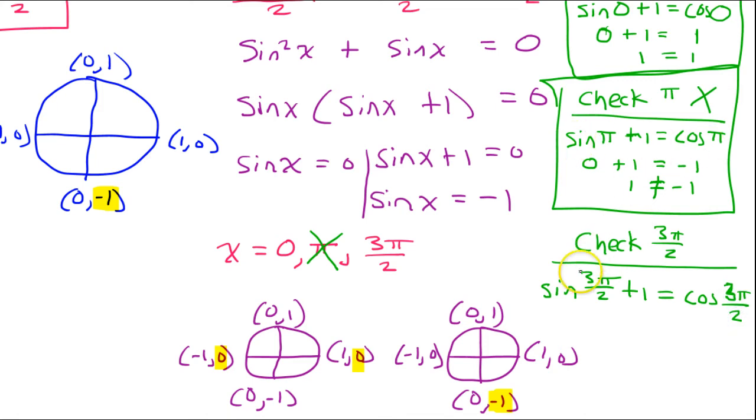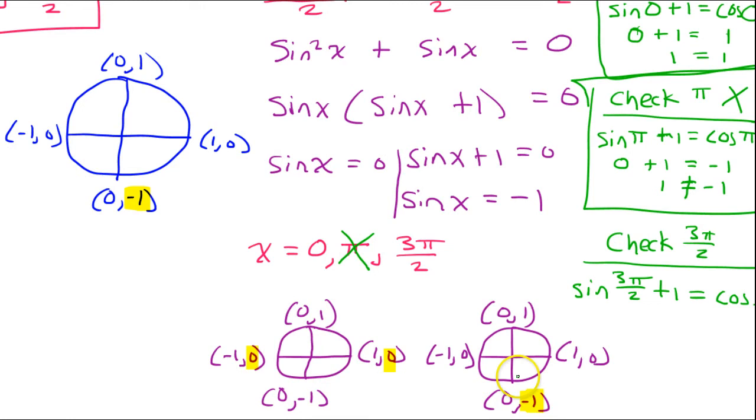Just like all the other problems, but this time with 3 pi over 2. So let's see. Here's 3 pi over 2 at the bottom of the picture. Sine is the y value, so that's -1. Sine of 3 pi over 2 is -1.